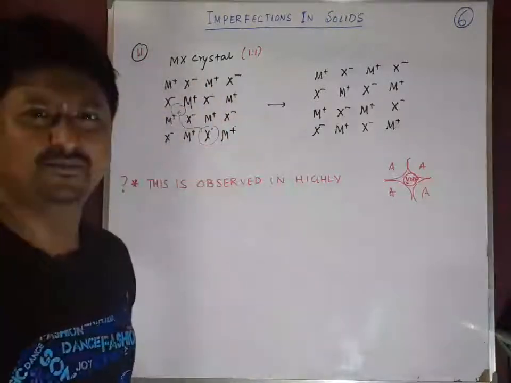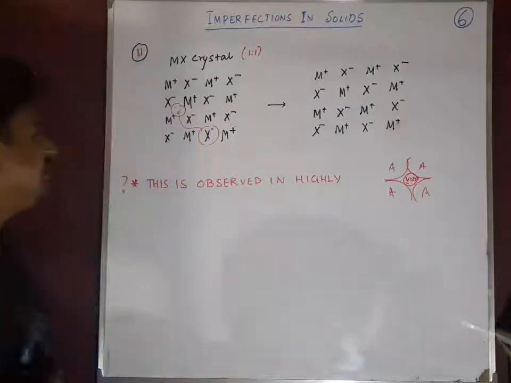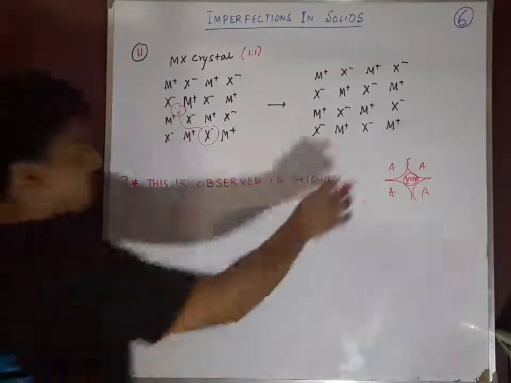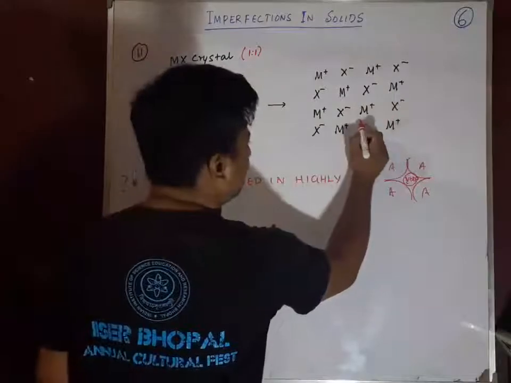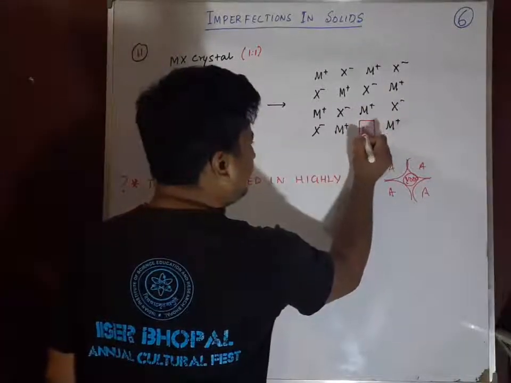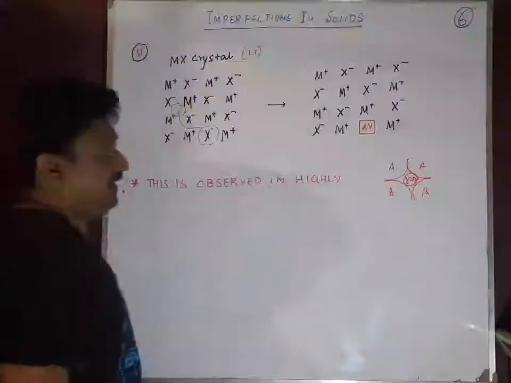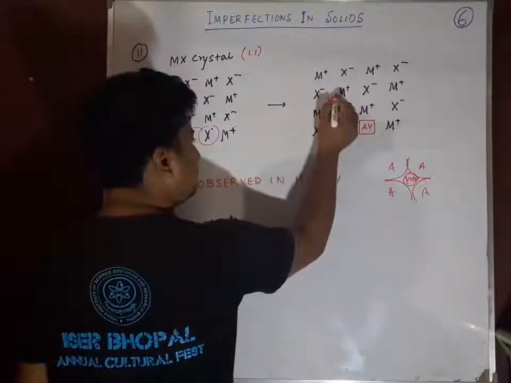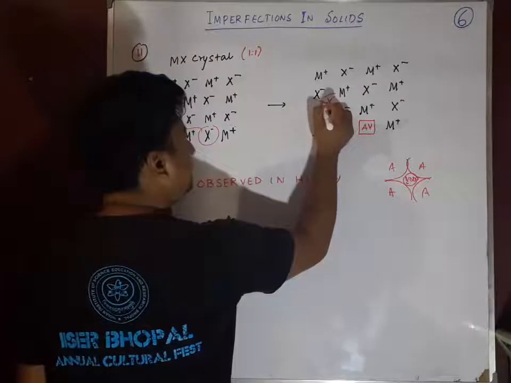So this is random. There is no hard and fast rule. The anion is moved into this region. So what will happen here? There will be an anionic vacancy, and your anion is beautifully stayed in here.